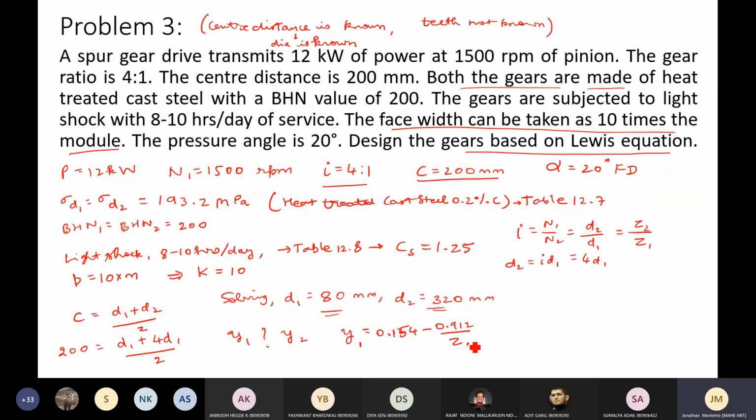So the alternate method for this is to temporarily assume z1 is equal to 20. Of course, you can take any value, but take some sensible value, not just 5, 6, because we are dealing with the number of teeth here. You cannot have a very nice gear with only 5 teeth or 4 teeth.